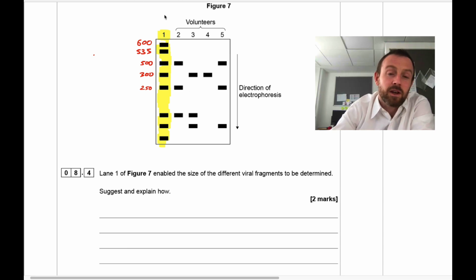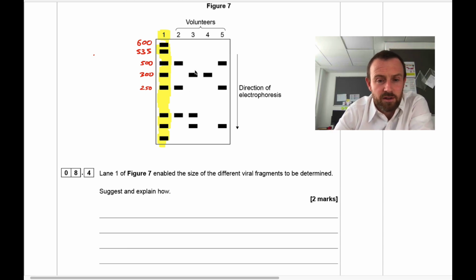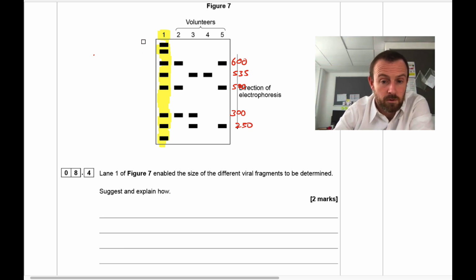Oh no, I've done it wrong here. I now understand what I've done, because it's these bits. Okay, so this is the 600. This is the 535. This is the 500. This is the 300 here, and this is the 250. There we go.